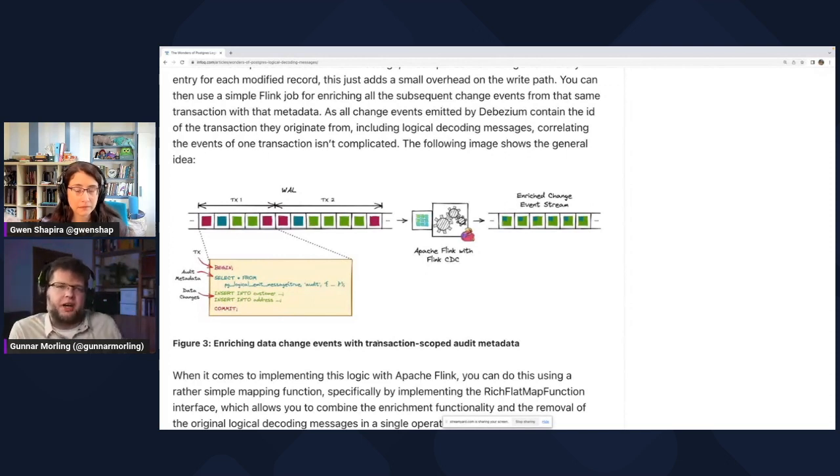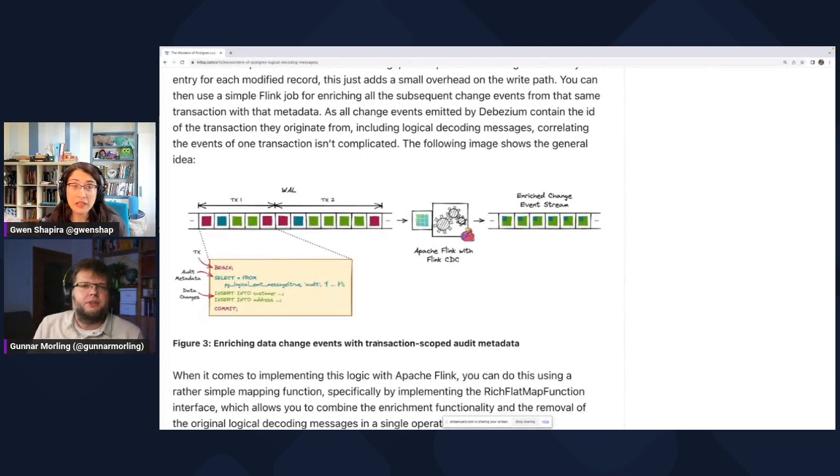Because if you have a Kafka topic with all the change events for your tables, in this case like customers and addresses, that tells you the history of the data. But what it doesn't tell you is the metadata, right? Like what's the business user who did this change, or maybe you want the client IP or client device, all this kind of stuff, because you don't store this in your tables, right?